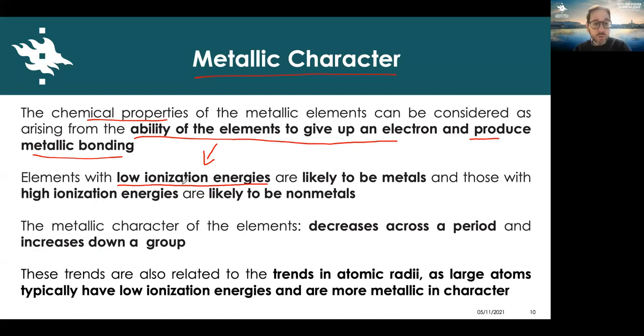Therefore, elements with a low ionization energy are likely to be metals, and those with a high ionization energy are likely to be non-metals. Therefore, the metallic character of the elements varies in agreement with the trends in ionization energy.